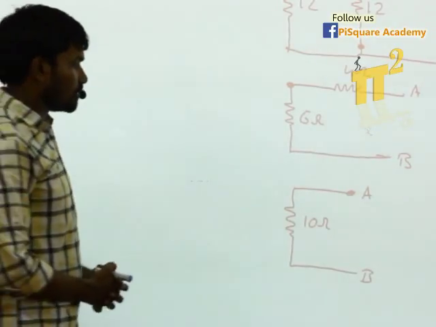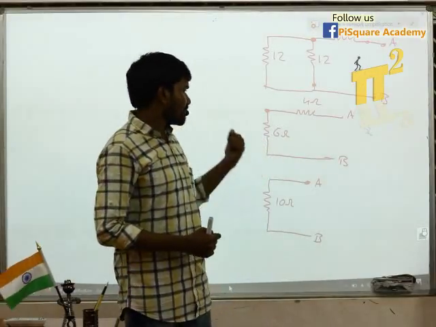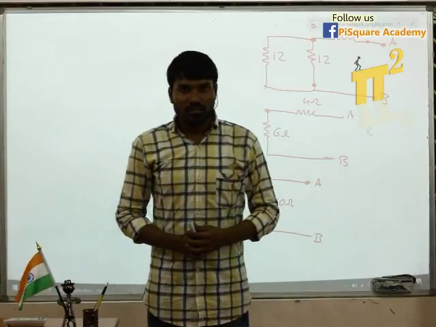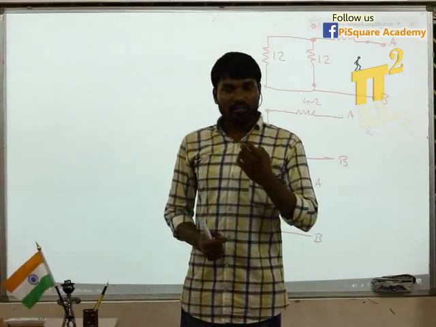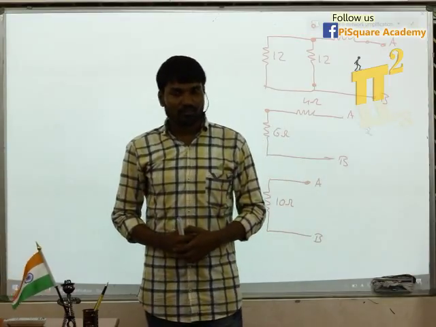So this is how you have to simplify the network. I hope this has given a clear idea how to simplify the network, and it will be helpful when you are calculating Thevenin's equivalent resistance as well.